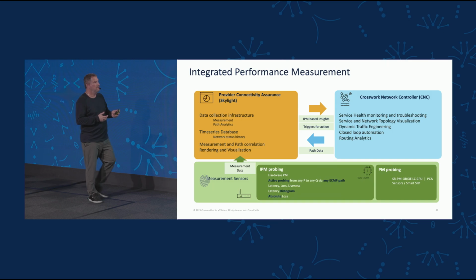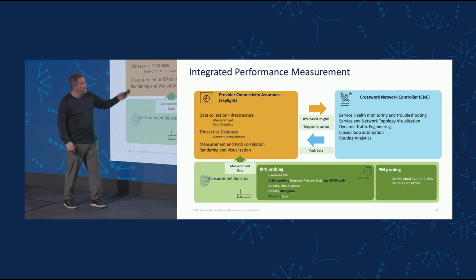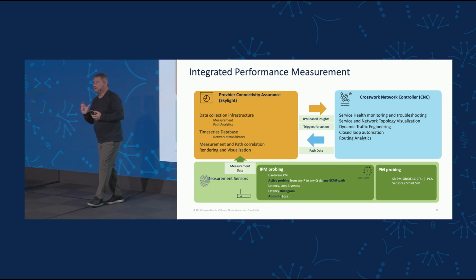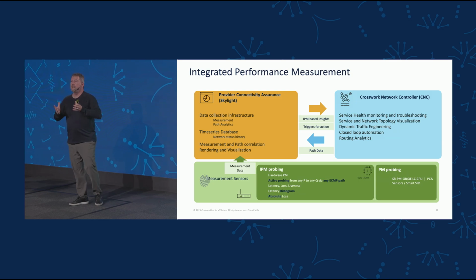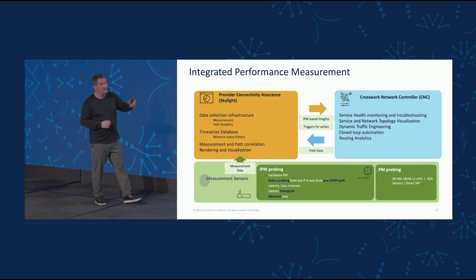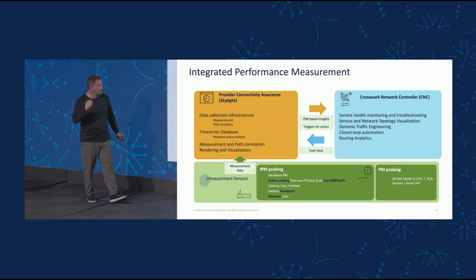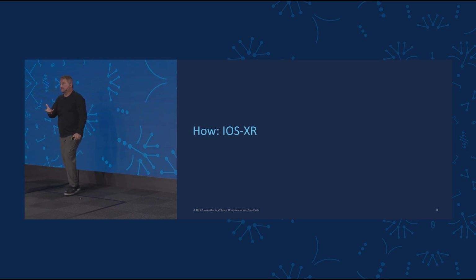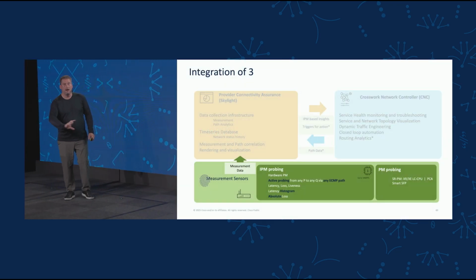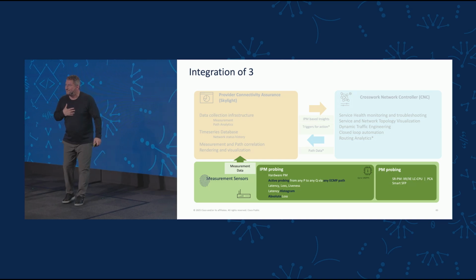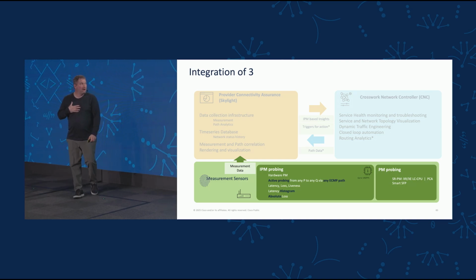We'll show that later on. Routing analytics is one of the key pieces. It provides all the paths from NEP to NEQ, and that at FCS sits into Crosswork. So the little green box at the bottom is what I'm responsible for, and what I will talk about.